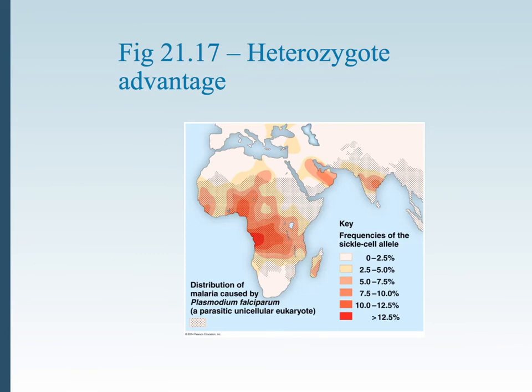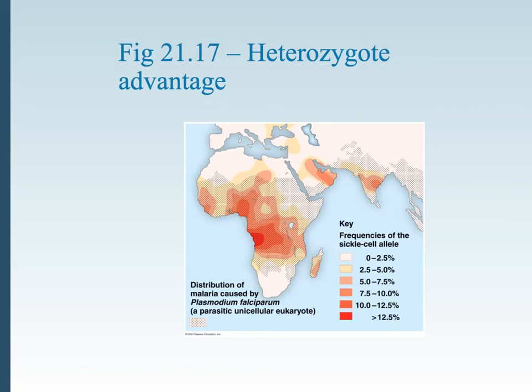We can also have heterozygote advantage. This is where we're actually selecting for the heterozygote. The example I gave you guys had to do with sickle cell anemia that had to do with malarial resistance. And what was happening, or what still is happening, is that this central portion of Africa, sub-Saharan Africa, is very susceptible to malarial infection.